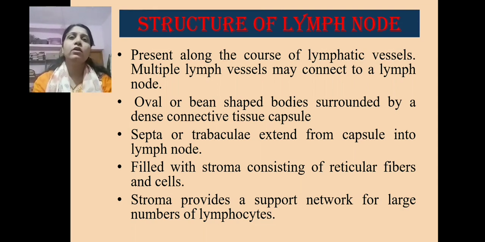Now let us discuss in brief the structure of these lymph nodes. Structurally, these lymph nodes are kidney shaped, or in other words oval or bean shaped, capsulated structures. Majorly, different strands of connective tissue divide this capsulated structure into three different regions.